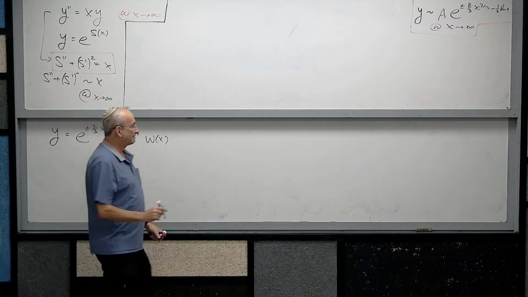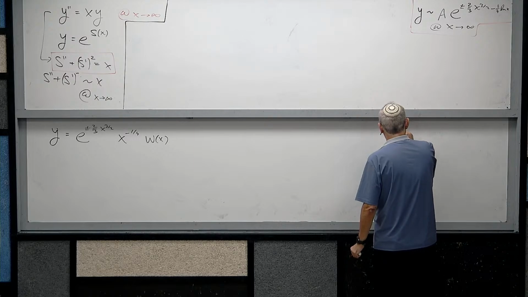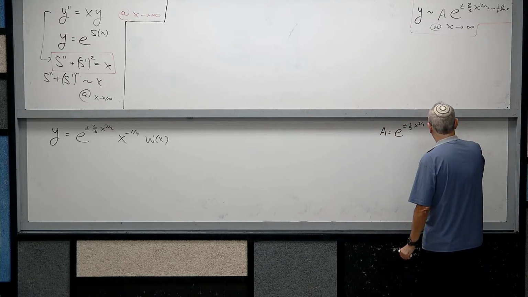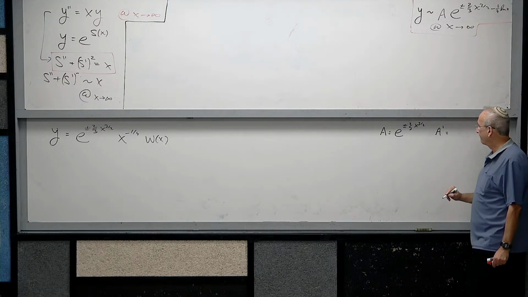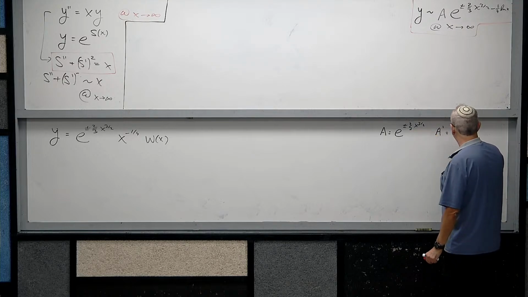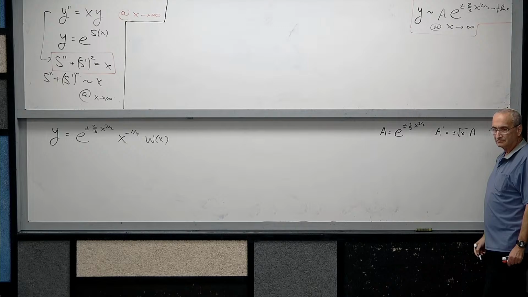First of all, let's do a little calculation here. I will say that A is e to the plus minus 2/3 x to the 3/2. Right? What will be A prime? It will be plus minus the derivative of z, which is square root of x, times A. You agree with me?